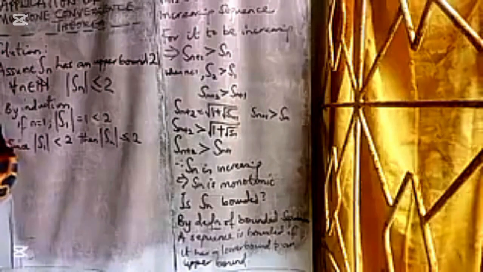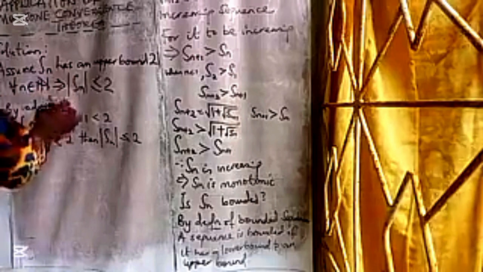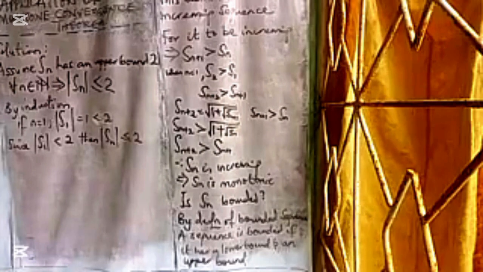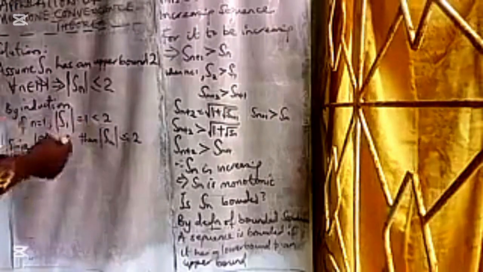Assume Sn has an upper bound 2 for all n belonging to natural number. This implies that the absolute value of Sn is less than or equal to 2. By induction, if n is equal to 1, our S1 is 1, and that is less than or equal to 2.